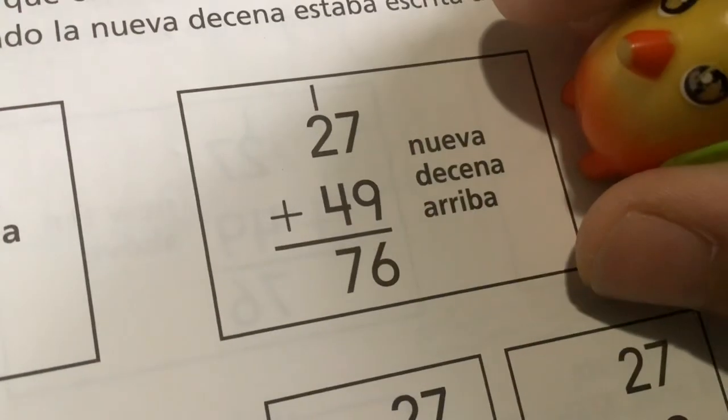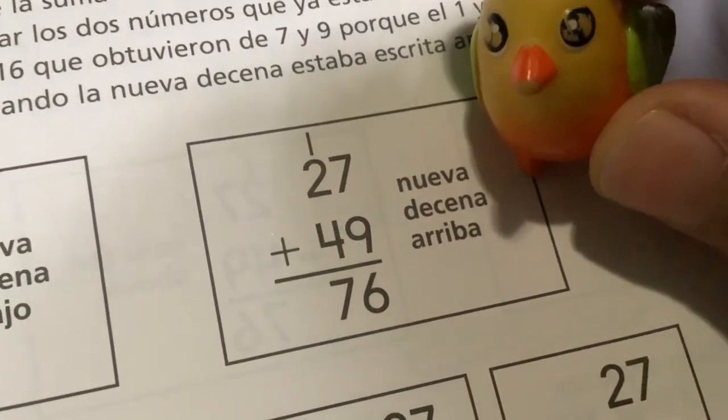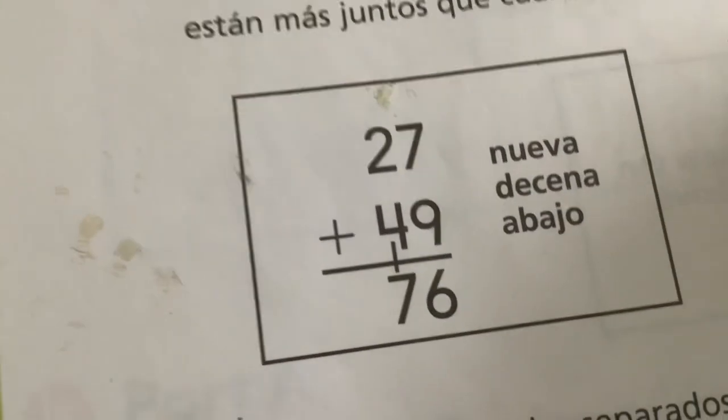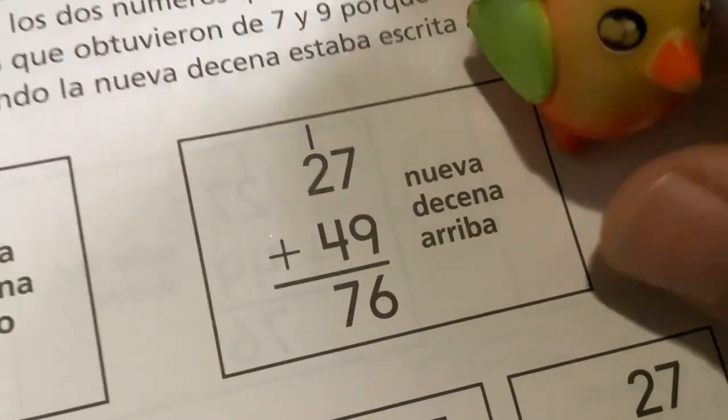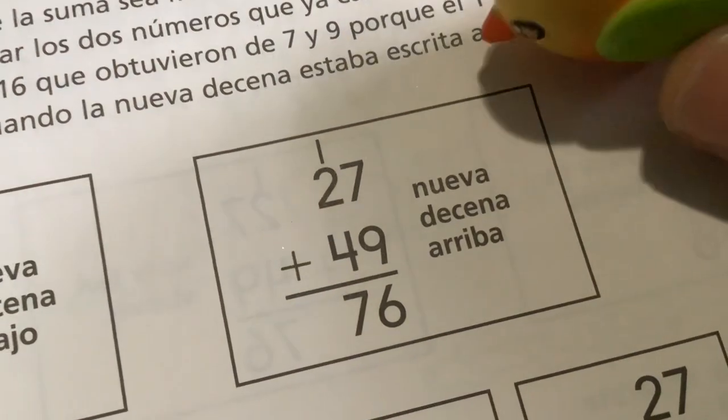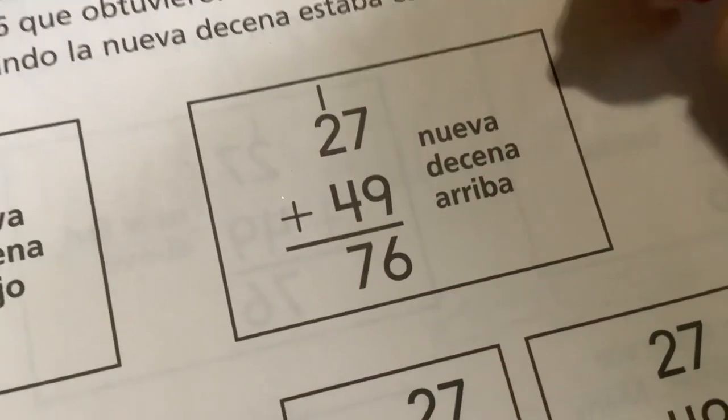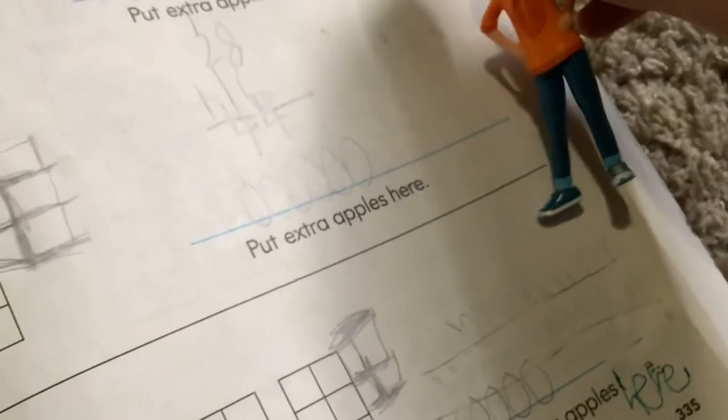But we are doing the new tens above method to make things easier. So let's try to do that, and let's see if you feel comfortable with it. We can see how it works for real life. You ready? Yes. Let's see.